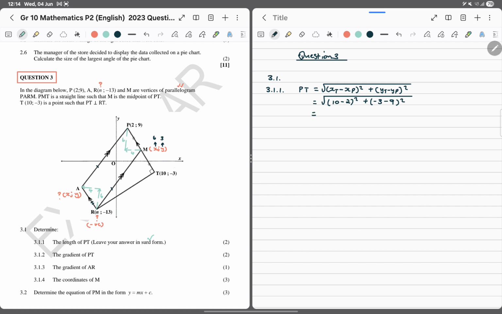At this point, to simplify is a pointless exercise. Just put it in the calculator, make sure everything is as it should be. So the key to this calculation is just basically correct substitutions. If they are bad, then the answer is going to be bad. Now this one gives us 4 root 13 units. We need to state this is units.